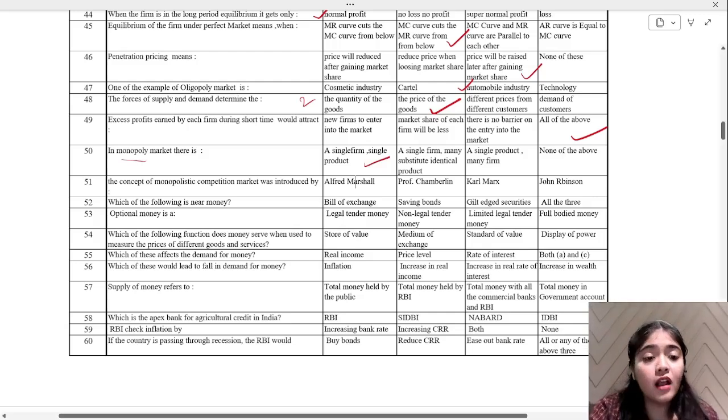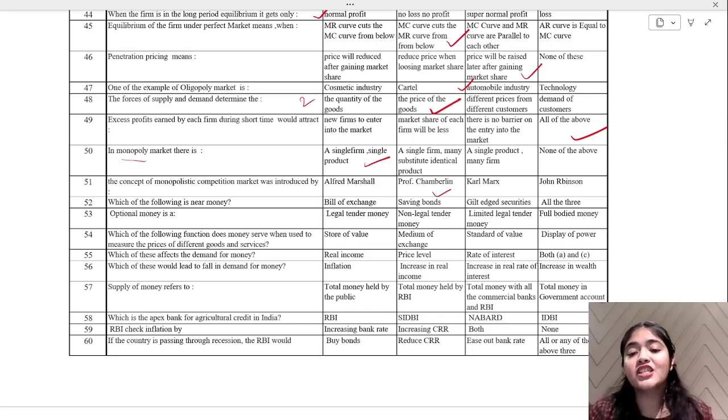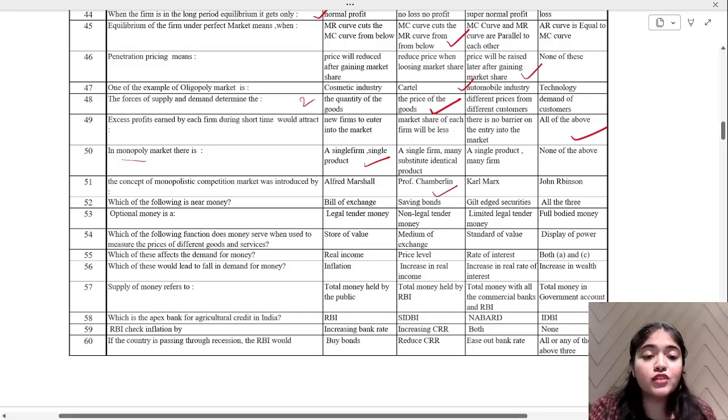Now, the concept of monopolistic competition market was introduced by Alfred Marshall, Professor Chamberlin, Karl Marx, or John Robinson. Tell me, who introduced this concept to us? Yes, that's correct, Professor Chamberlin. Which of the following is near money? Bill of exchange, saving bonds, gilt-edged securities, or all the three?